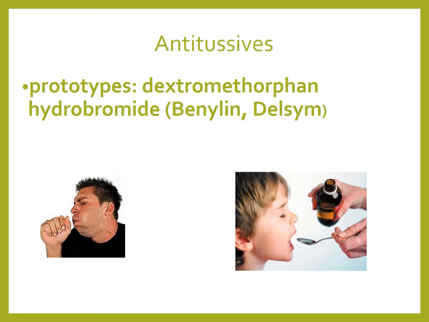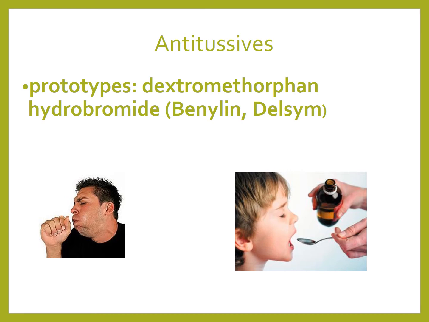Antitussives are available in liquids, syrups, chewable capsules, lozenges, and then you have a non-narcotic type, which you can get over the counter, narcotic, or a combination of a non-narcotic and a narcotic, which both require prescriptions.